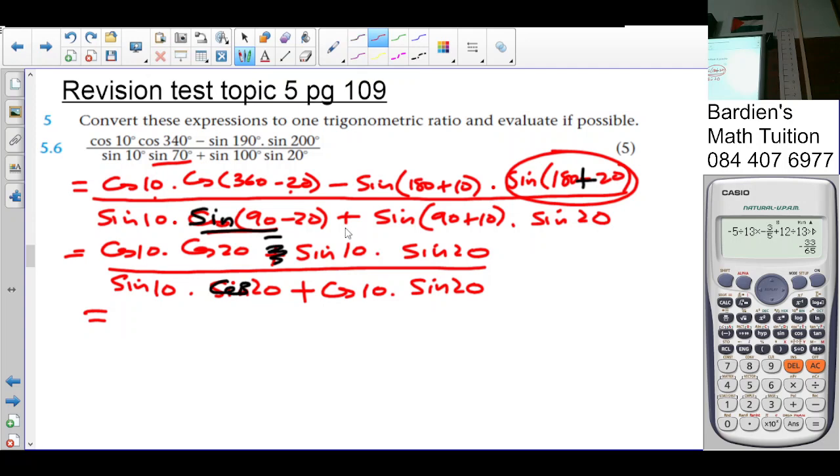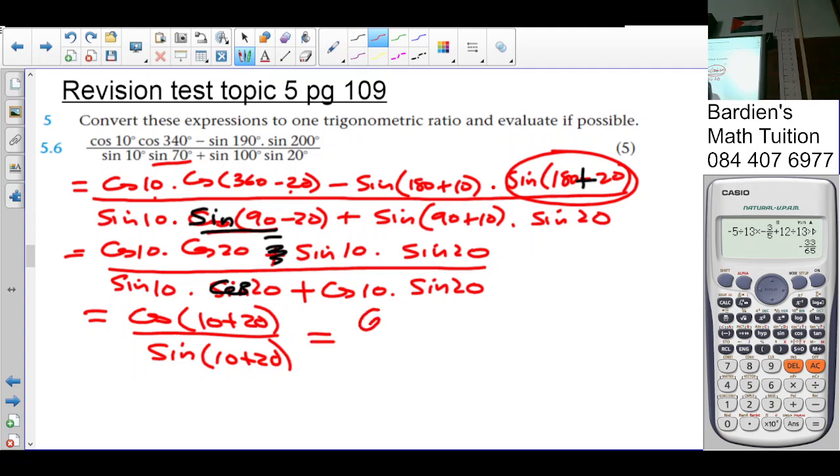So that's simply going to give us the cos function, or the cos double angle. So that would be what? 10 plus 20 over sine, okay, the sine stays the same.